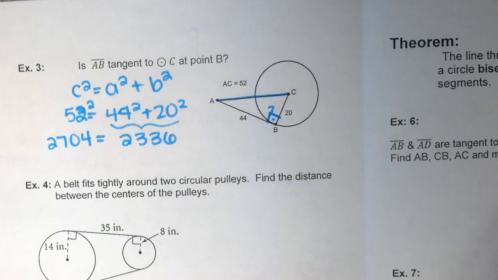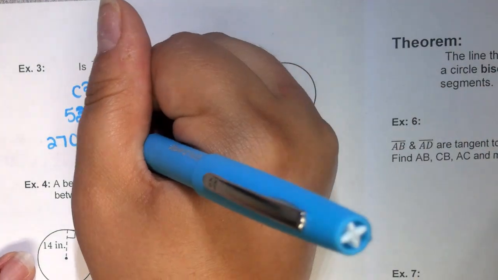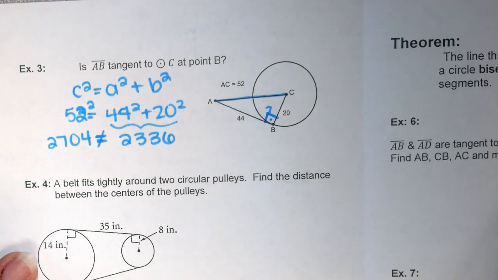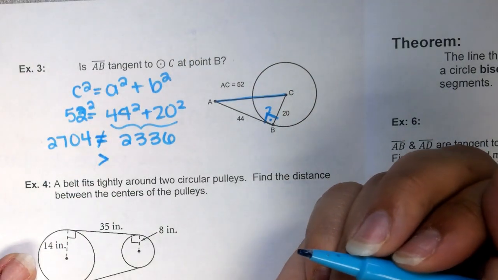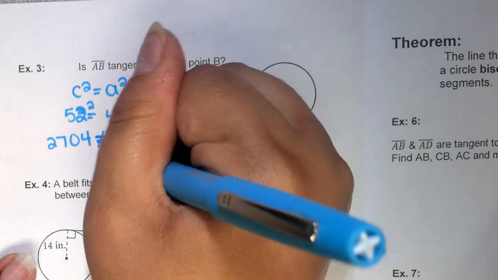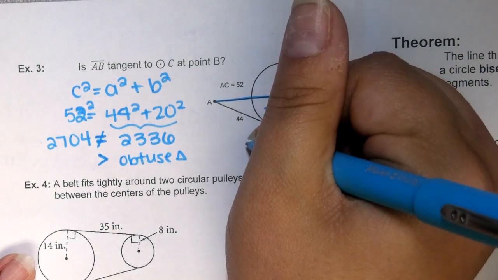Are those equal? No. Is this a right triangle? No, they're not equal. What kind of triangle is this? It is an obtuse triangle. So is this tangent?